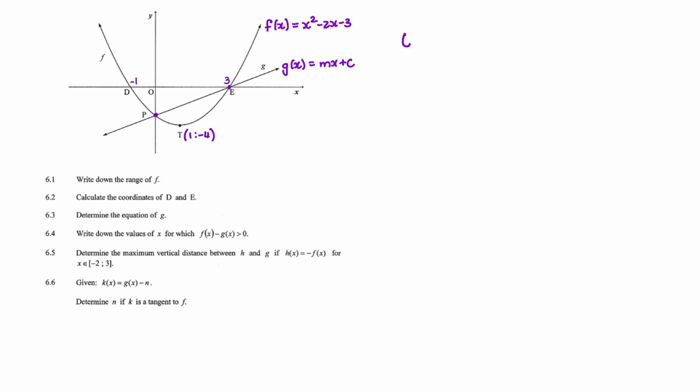So let us start there. Let's find the coordinates of P. So I'll make x equal to 0 in our f(x) equation. So it's 0² − 2(0) − 3, and that is equal to −3. Therefore, the coordinates of P are (0; −3).